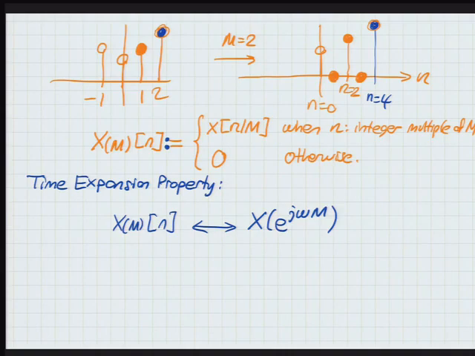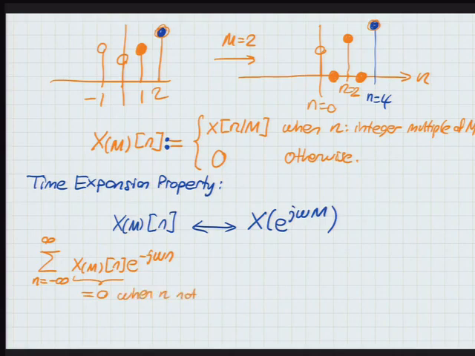Easiest thing to show, it really is. Because what we are doing here is looking at the Fourier transform of the expanded signal, and that goes over n. And the expanded signal is this, x_M of n, e to the negative j omega n. This is just the definition of DTFT, right? But note that what I have here is 0 when n is not an integer multiple of M, right?